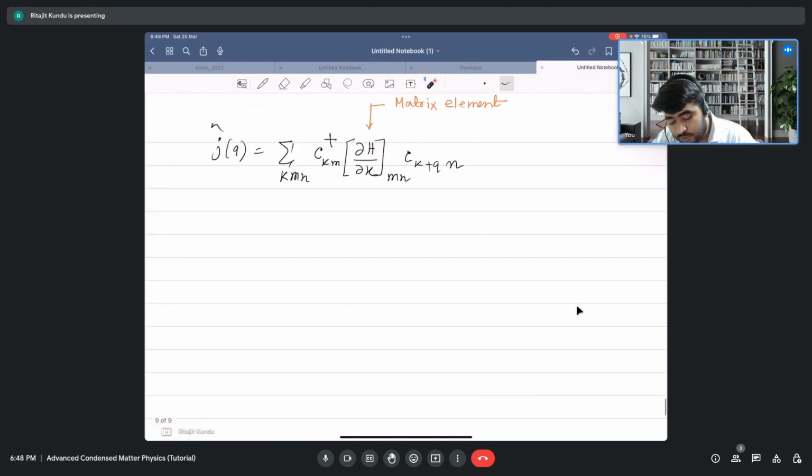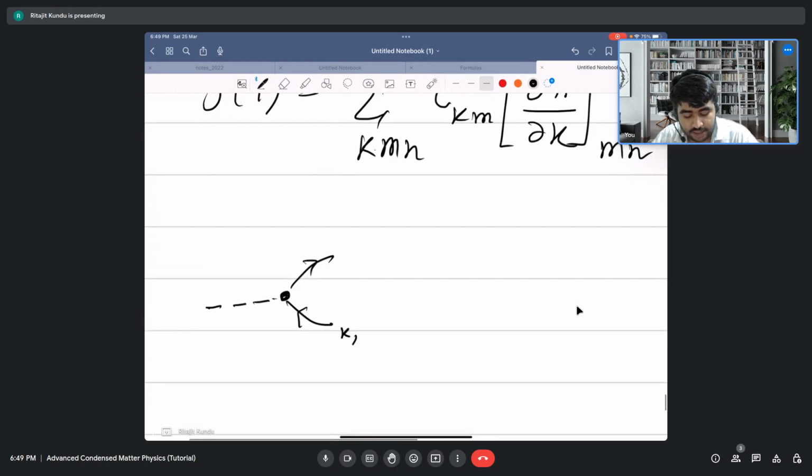Now, to do the diagrammatics, first of all we have to identify what our building blocks are. The building block here is a vertex of the current operator. The current operator, as any single particle operator, has two legs, one incoming and one outgoing, and there is another external leg that the external field couples with. These legs have k and omega. The external field gives q, capital omega, and the third leg has q plus k, omega plus capital omega.